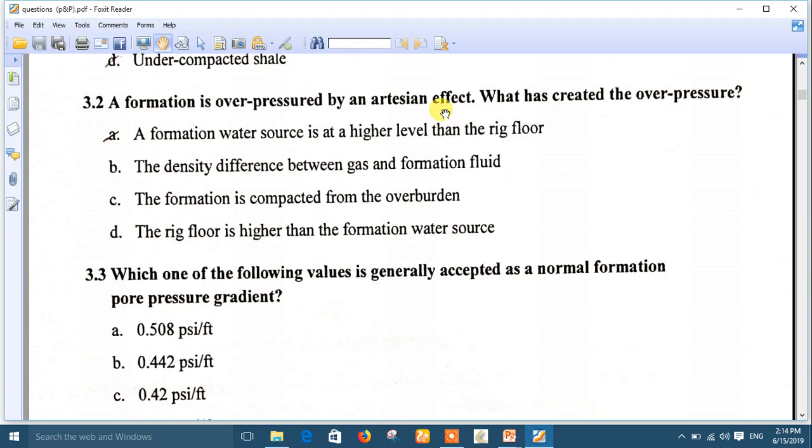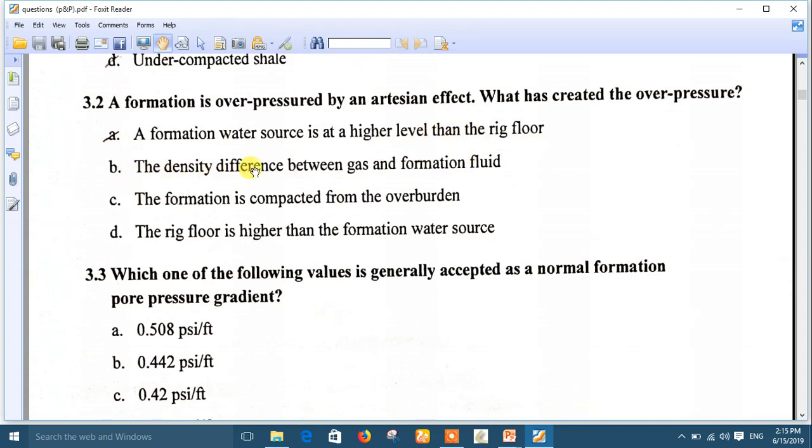So if there is contact between them, to know the Artesian effect, there are two possible questions: the source of water is above the rig, or the rig is on land below the sea level. So which one is here? Number A, a formation water source is at a higher level than the rig floor. This is the right answer.